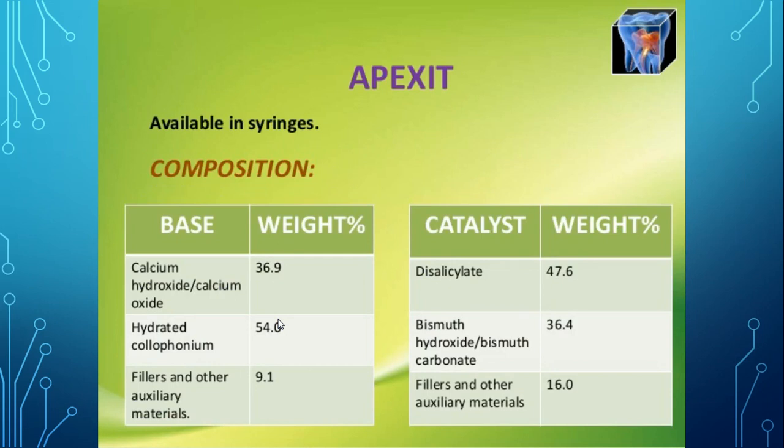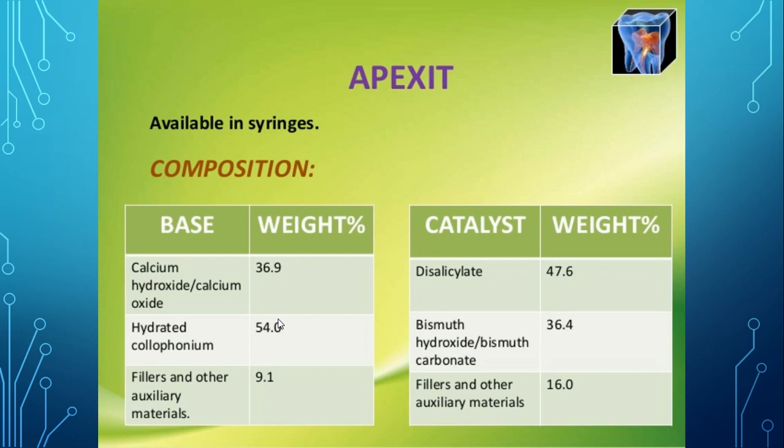Next calcium hydroxide based sealer is Apexit. It is available in the form of a syringe, and the composition is base and catalyst. Base includes calcium hydroxide or calcium oxide 36.9% by weight, hydrated colophonium 54% by weight, and fillers and other auxiliary materials 9.1% by weight.